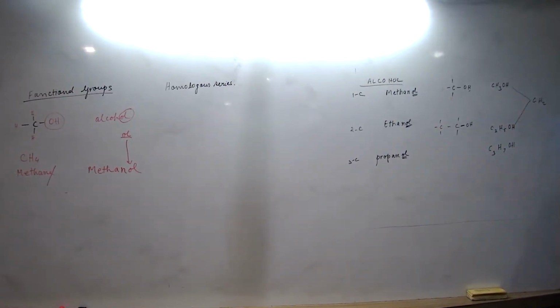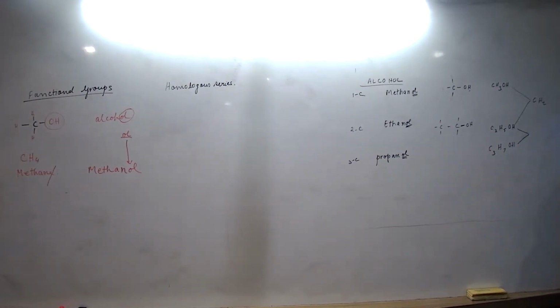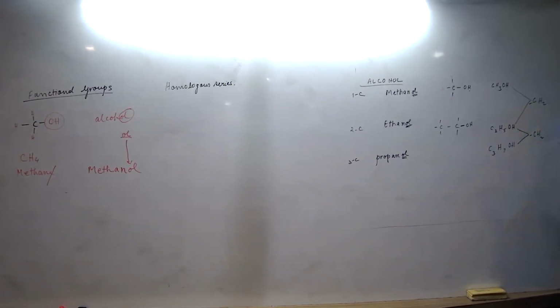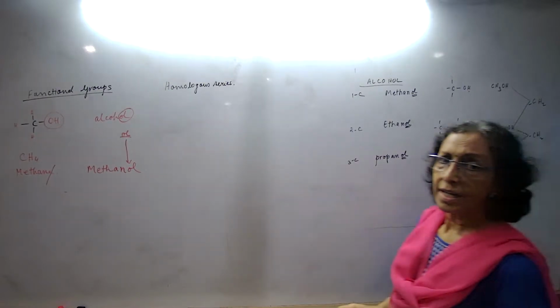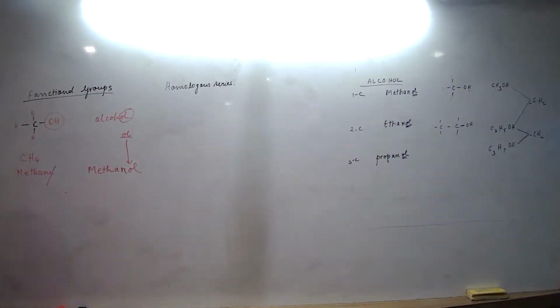OH remains the same. So each member of the homologous series increases by one carbon and two hydrogens. Just as with alkane and alkene, that's also homologous.